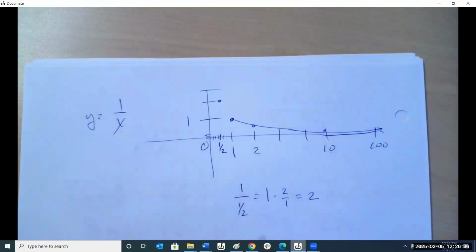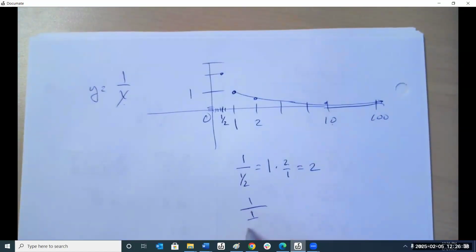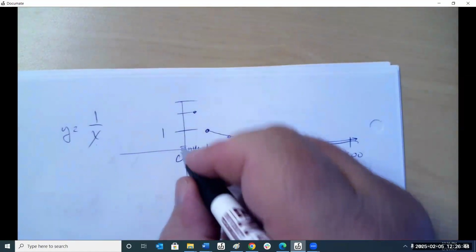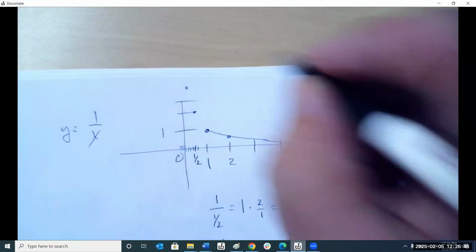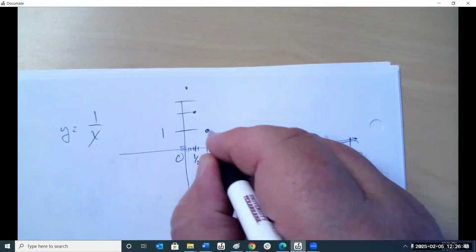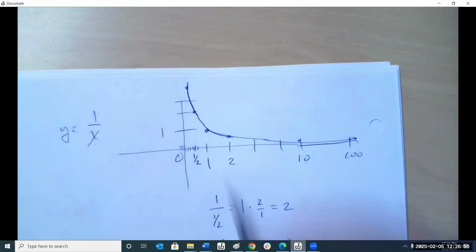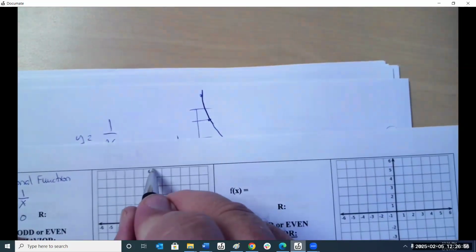Whatever fraction you have becomes that denominator. So the closer we get to 0, the larger the value.